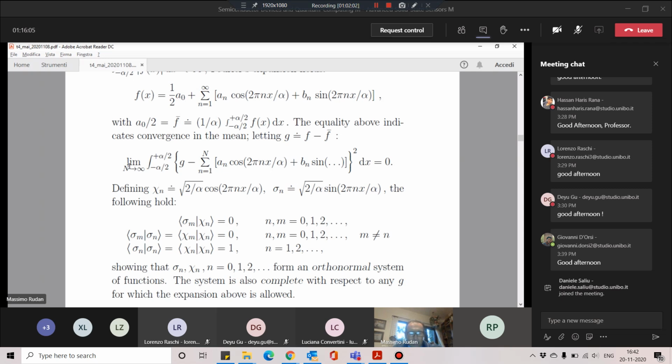Because essentially we obtain the 0 by taking the limit of an integral. When this happens, that is when the series converges with the meaning of that limit, we say that the set of functions sigma and chi is complete. Okay. So this is the meaning, the formal meaning of completeness.